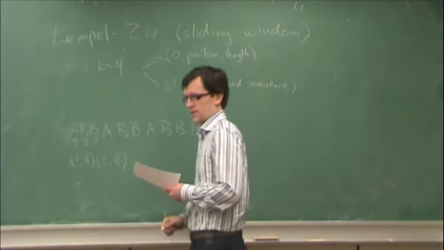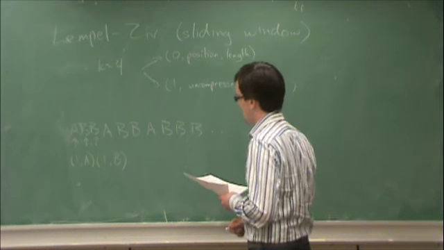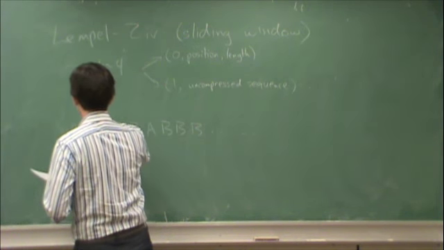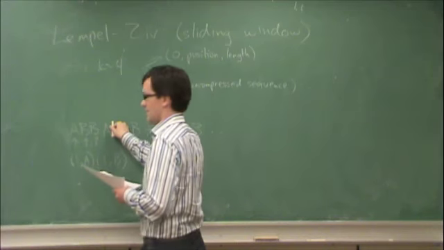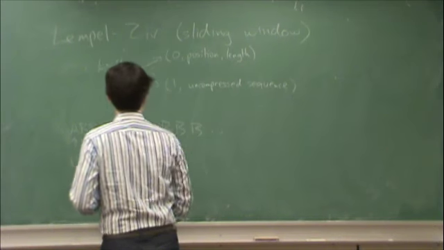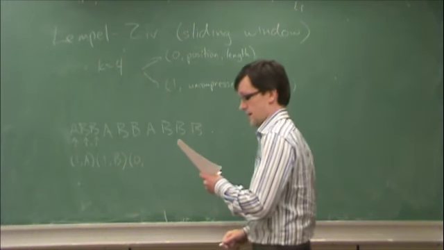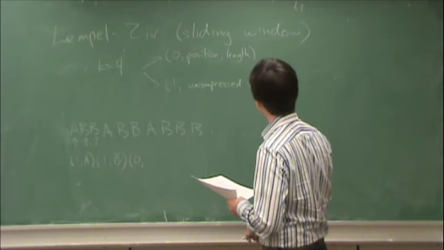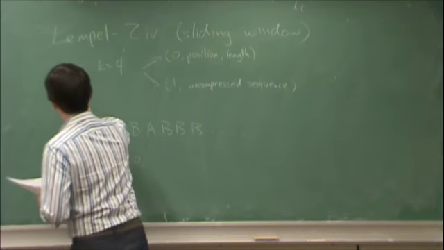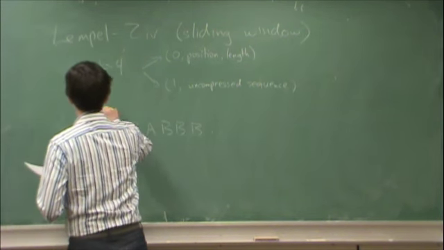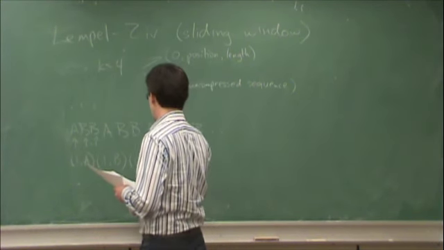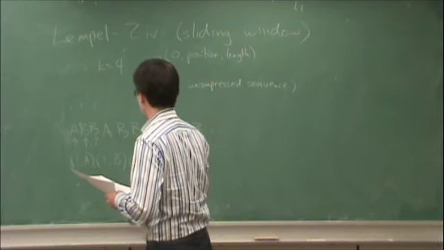The third thing has occurred before, so now we look at the longest possible sequence that has occurred before. If I go to BA, that has not occurred before, so I'll stick with just B. I have 0, the position is, let's call this 1, 2, 3, and so on, 0, position 2, and length 1.